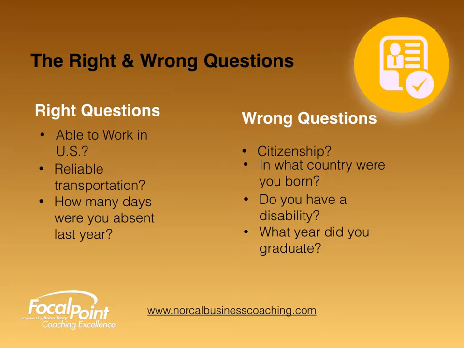Are you single? Do you live alone? All of these questions tend to elicit responses that may allow you to discover whether or not the candidate is in a protected class. For example, whether or not the candidate has children, etc. So be wary of the right and wrong questions that you can ask in interviews.